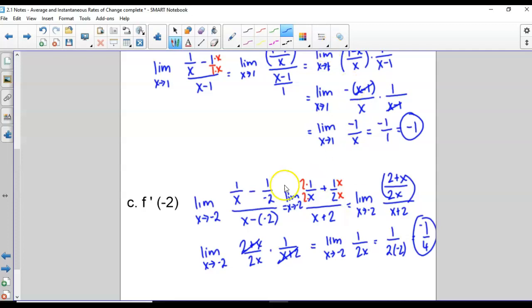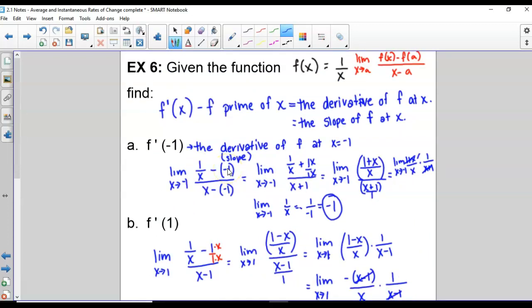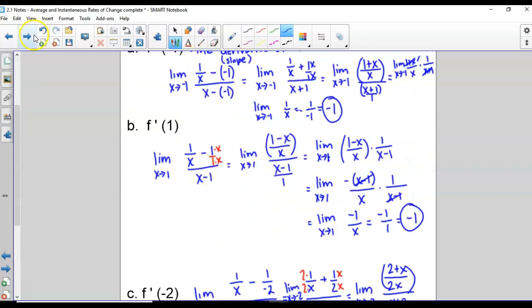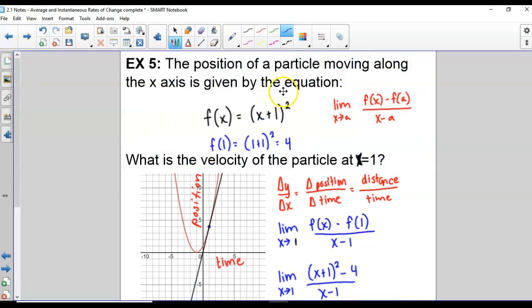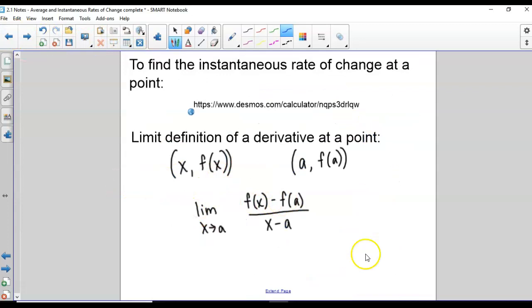Now, that last part was painful and lengthy, and I made it that way for a reason. To show you, I think that this limit definition of a derivative formula is a little easier to understand than the one that we did a few days ago with the delta x.